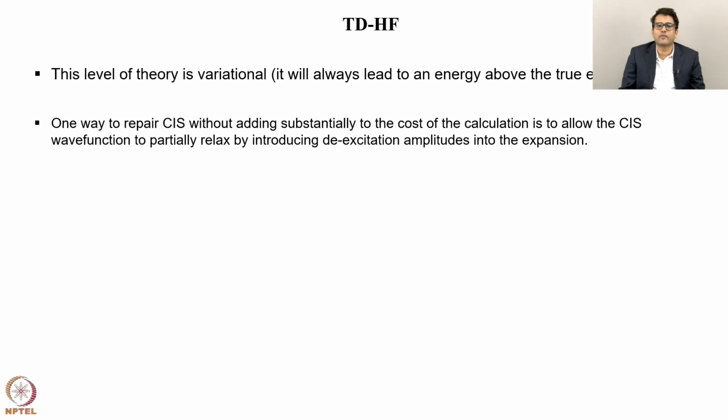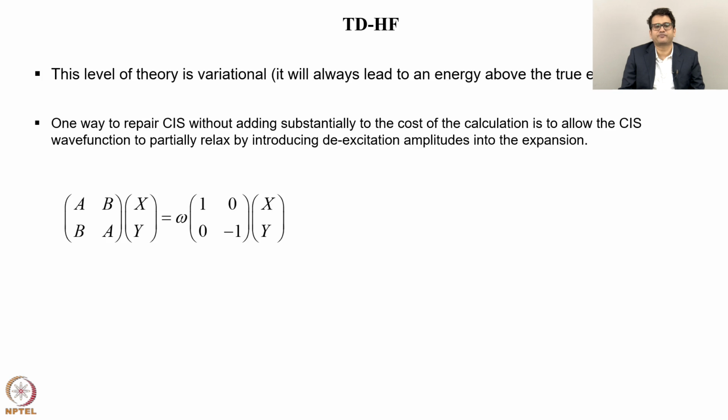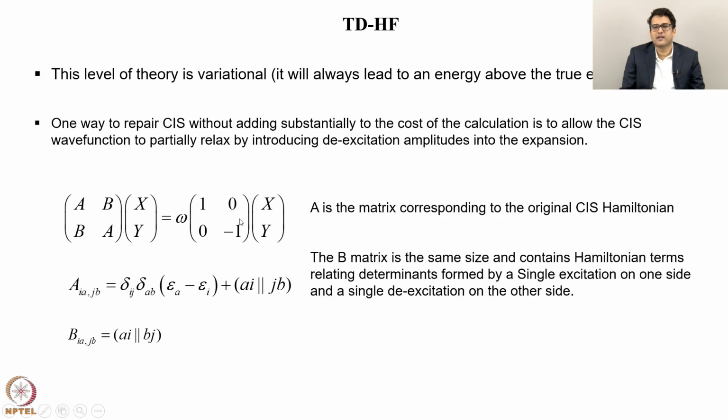So, one way to repair the CIS without adding substantially to the cost of the calculation is to allow the CIS wave function to partially relax by introducing de-excitation amplitudes into the expansion. And so, this is how it will look, where A is a CIS kind of expression and the B matrix is the same size and contains the Hamiltonian terms relating to the determinant formed by a single excitation on one side and single de-excitation on the other side.